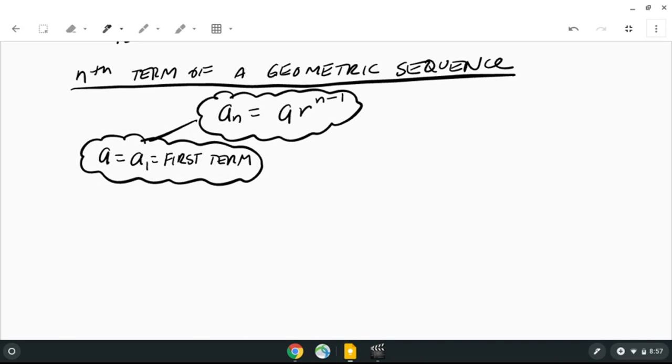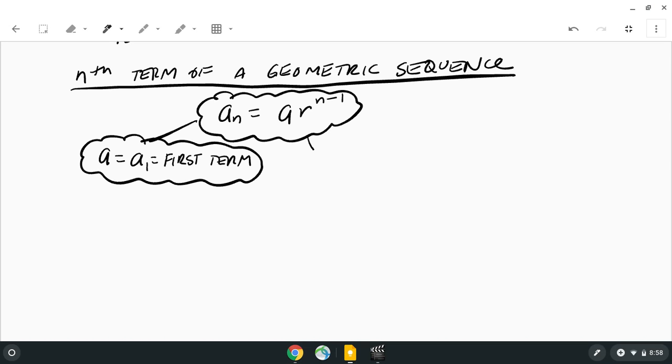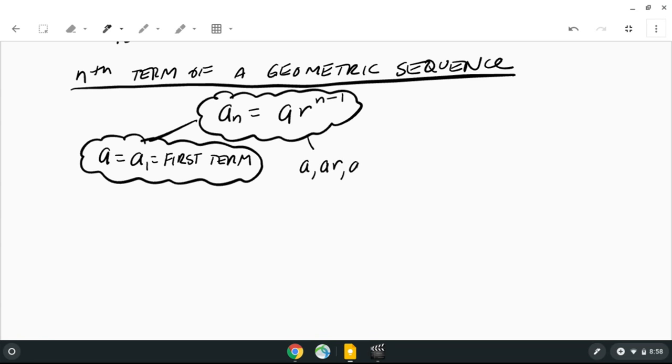And what happens when you work these all out is you get your sequence that looks like this: A, and then A times r, and then A times r squared, A times r cubed. So you keep multiplying by r to get the next term. Okay, so hopefully you notice that.